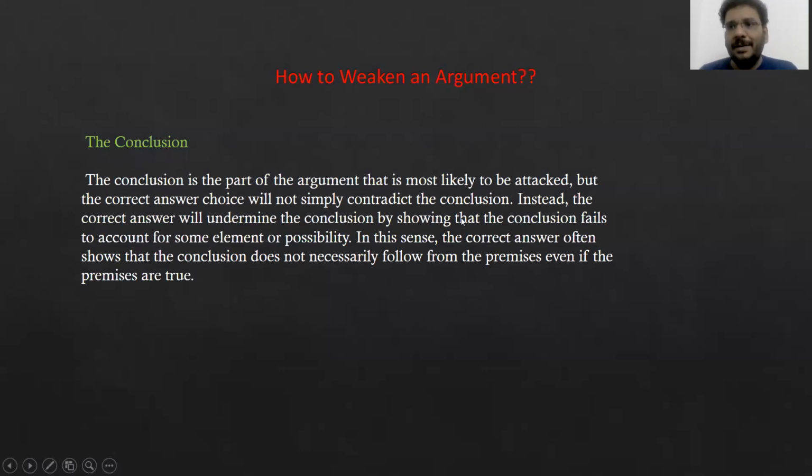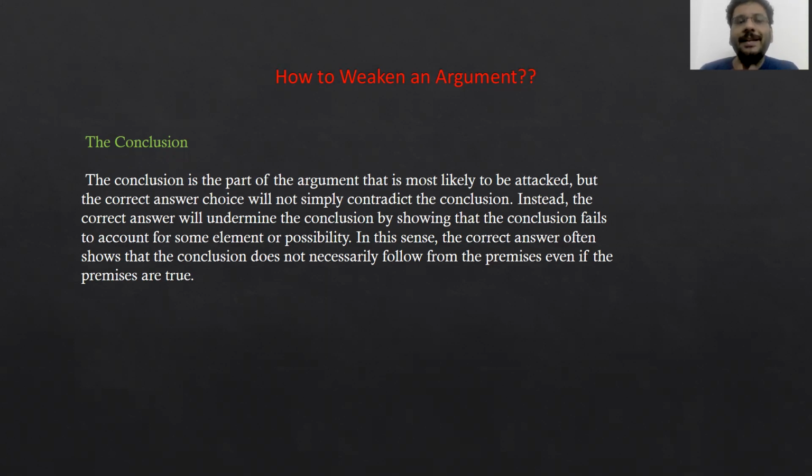Now, the most important thing when it comes to weakening an argument is the conclusion. The conclusion is the part of the argument that is most likely to be attacked, but the correct answer choice will not simply contradict the conclusion. Remember, we are not contradicting the conclusion.